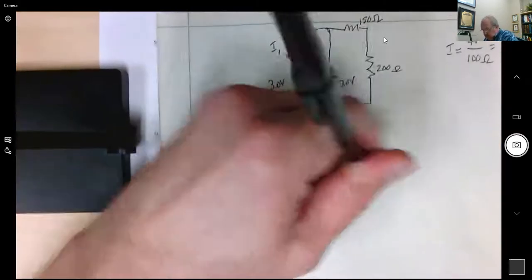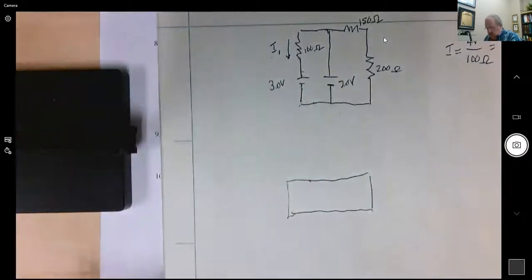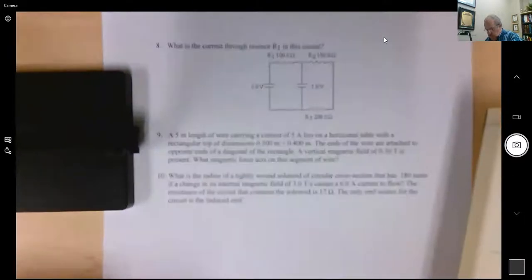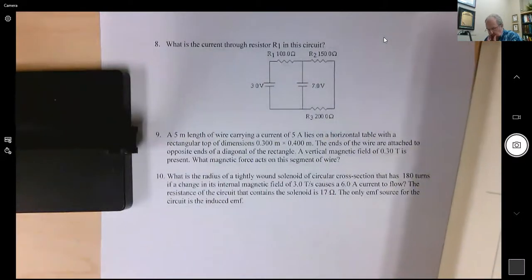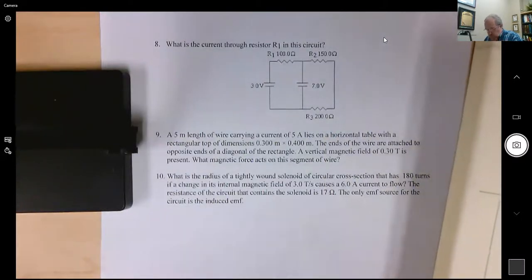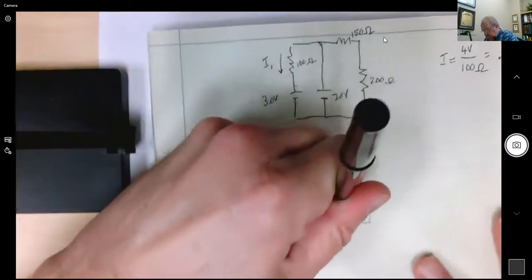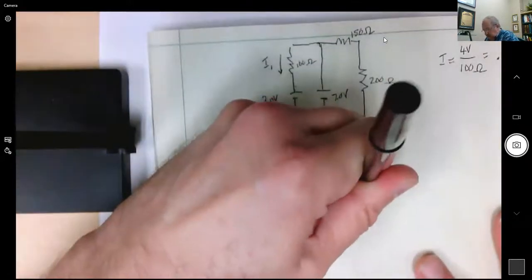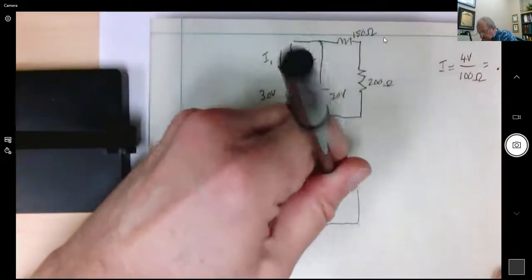So we have a horizontal table, and we have our wire here, our copper wire. Magnetic field is coming out of the table.